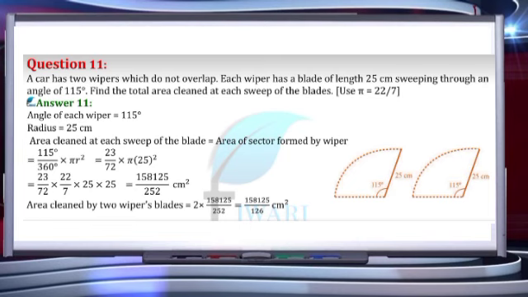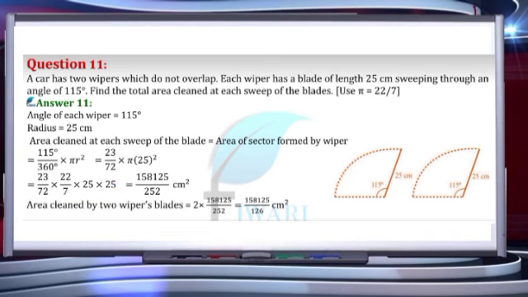So here the angle that is swept is 115 and radius is given as 25 centimeter. So the area of the sector made by a wiper will be given by 115 over 360 into pi r square. Here we substitute r as 25. So it becomes 23 over 72 into 22/7 into 25 into 25.